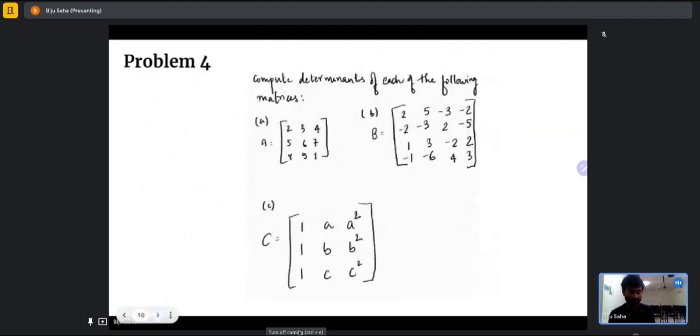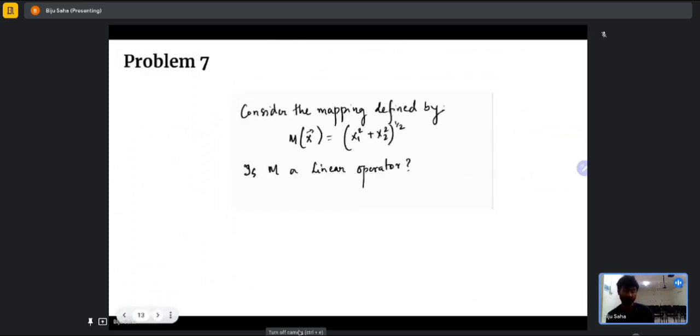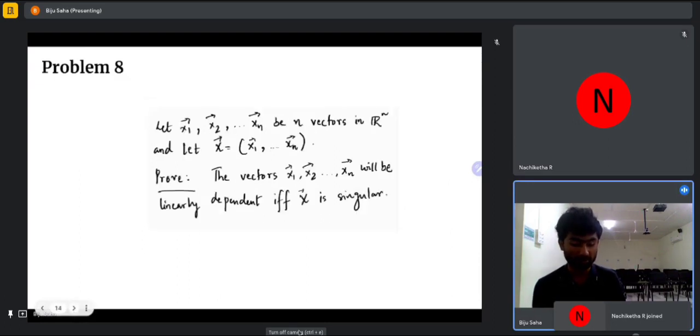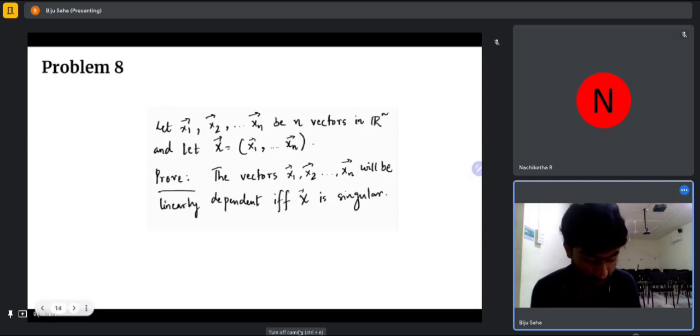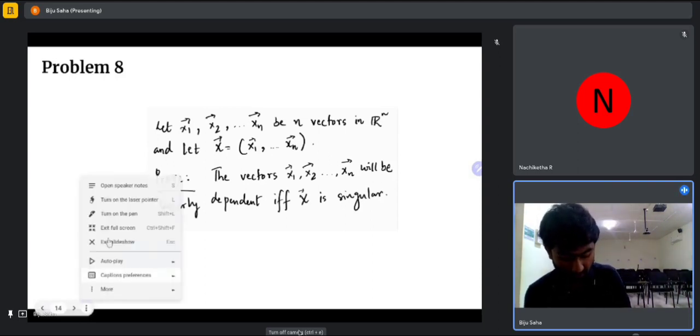Then we moved to linear operations, whether an operation is linear or non-linear. That is what we solved in problem 7. And in problem 8 we saw that if the vectors are linearly dependent, then the vectors written in matrix form give a determinant that turns out to be singular. So this is what we saw.